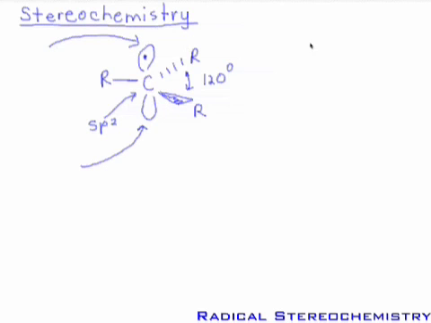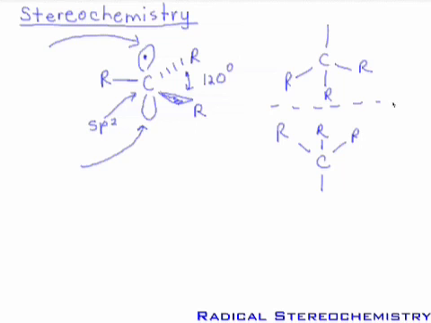If you came in above, you would get a substituent that looked like this. And if these R groups were all different, you'd get R, R, R. If you attack from underneath, you'd get this, R, R, R. And if all the groups are different, you'd get a mirror plane. They'd be a pair of enantiomers. You'd get a racemic mixture.